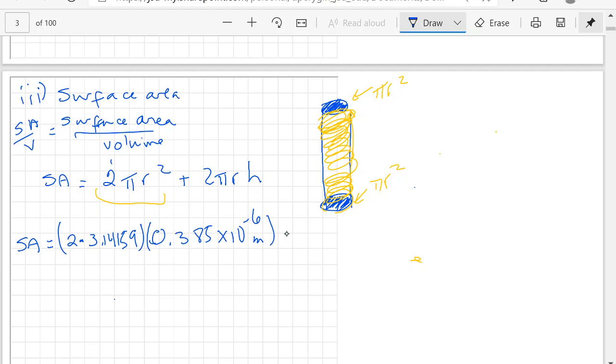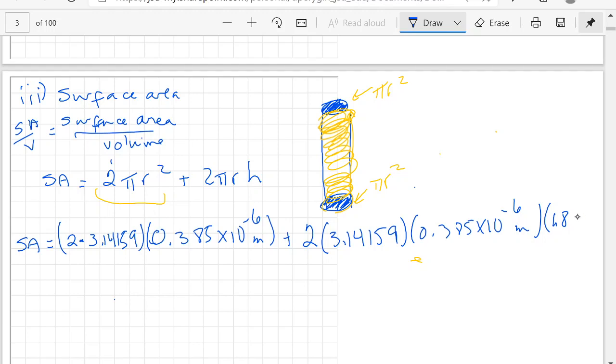Remember, we calculated the radius. Plus 2 times pi, which is 3.14159, times the radius, which is 0.385 times 10 to the minus 6 meters, times the height, which is 1.80 times 10 to the minus 6.